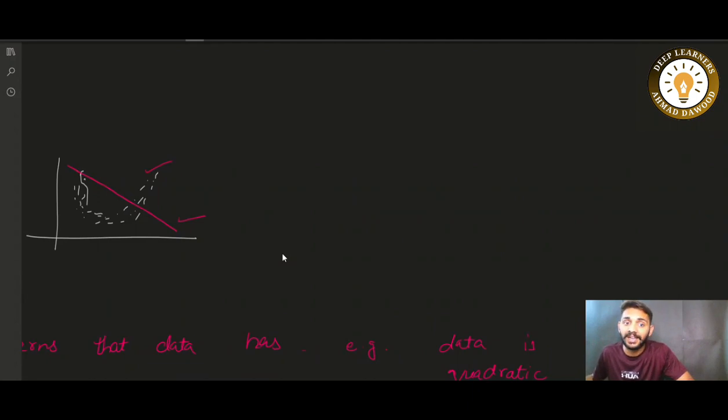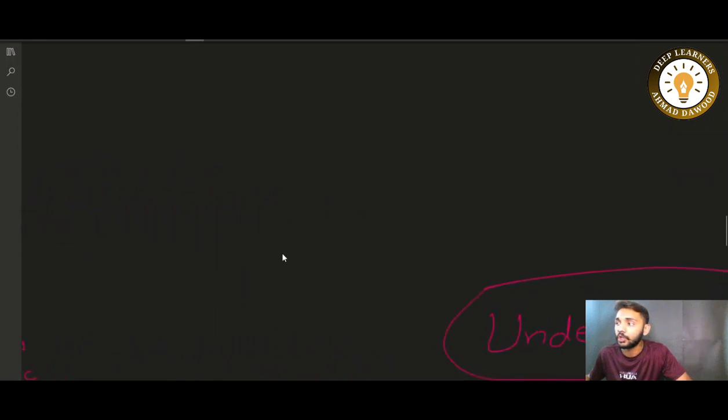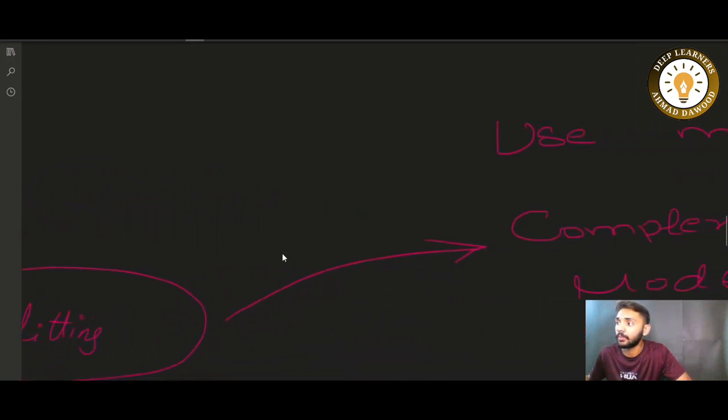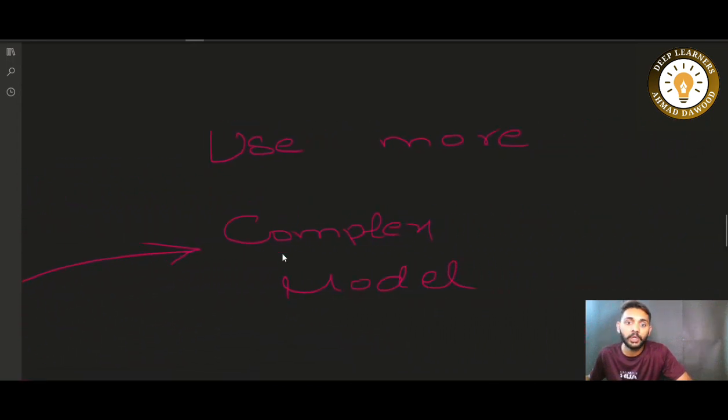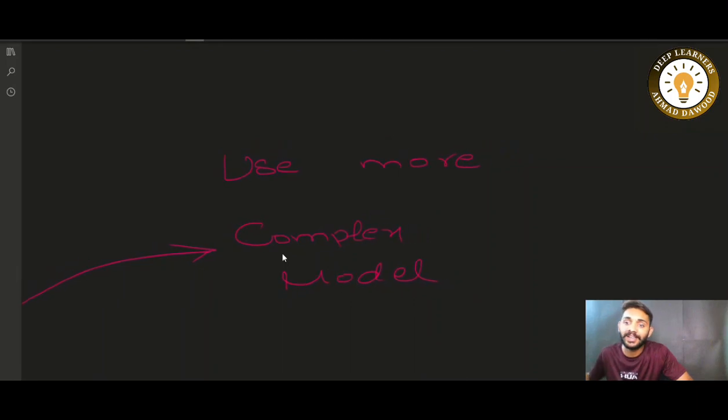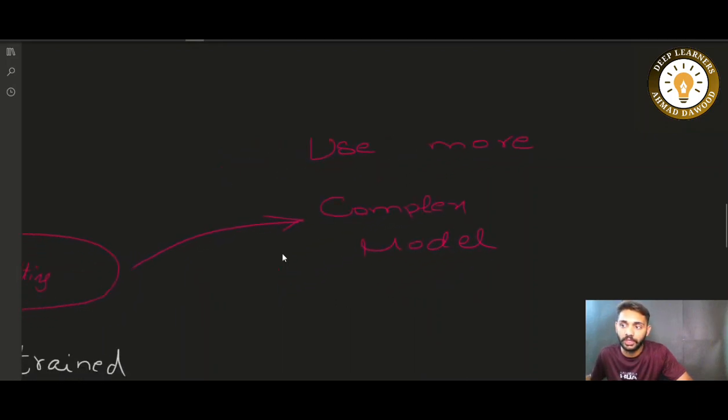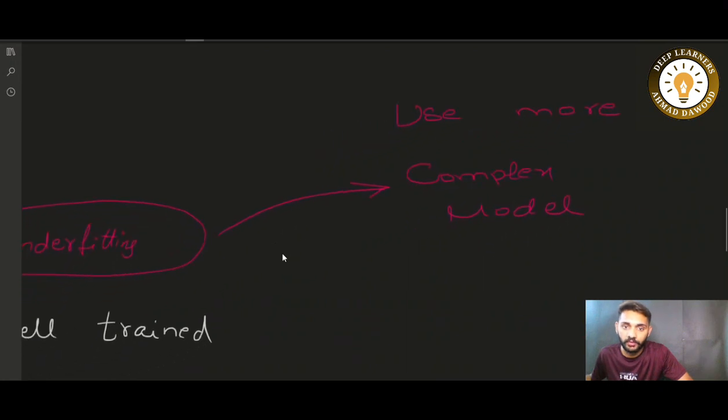In that case you should use a more complex model instead of this one, or if you are using a non-linear model, you have to increase the degree of your polynomial model. You have to use a more complex model to avoid underfitting. In this way you can solve underfitting.